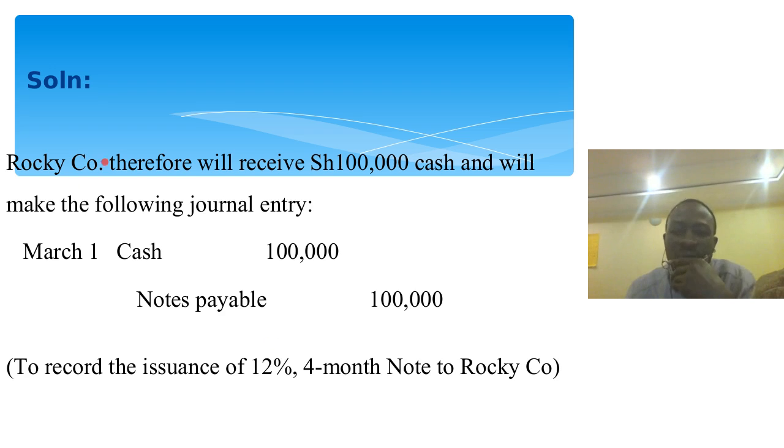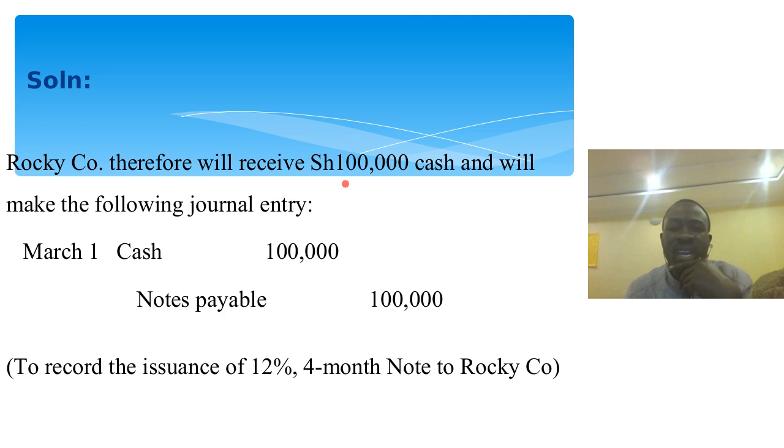Now, to recognize the receipt of the 100,000, we need to make the following journal entry. On March 1st, Rocky Company will receive cash of 100,000, and there is also a notes payable account. So this transaction is affecting two accounts.